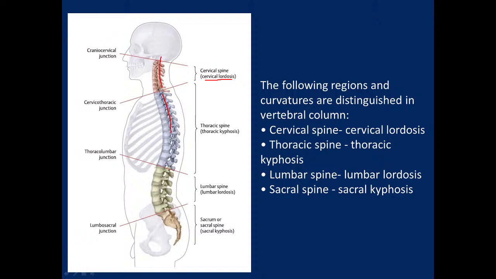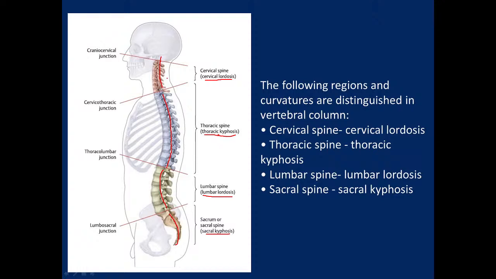Then we find another type of curve, kyphosis, and we call it thoracic kyphosis. And then again we find lumbar lordosis here, and also again the sacral kyphosis. So it means a normal spinal column has 2 lordoses and 2 kyphoses.